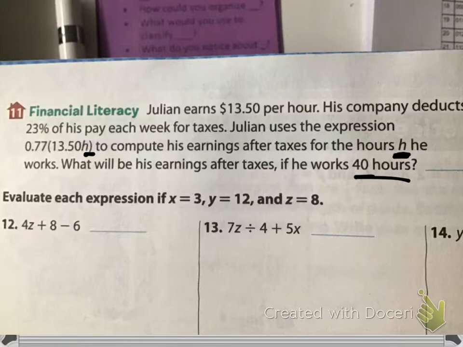I want to ask you guys a separate question, though. Why is this here 0.77? Why is it 0.77? Does anybody know? Fernando? Yes, it's that 23% that got taken out. Remember, 23% as a decimal, we move it over those 2 spots.